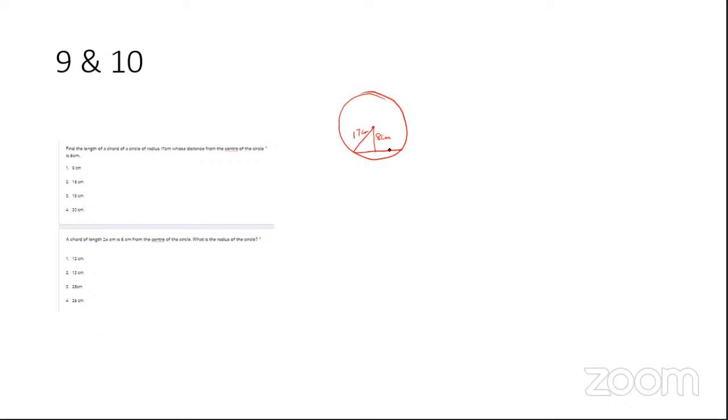So we want to find the length of the chord. Since the line bisects the chord, from the Pythagorean theorem, you can get the value of x. Whatever we get here will also be the same value on the other side. So using the Pythagorean theorem, we have 17 squared equals x squared plus 8 squared. 17 squared is 289, minus 64 equals x squared.